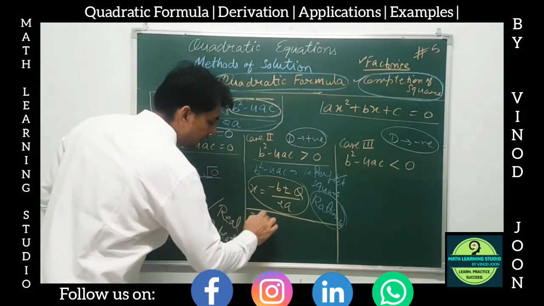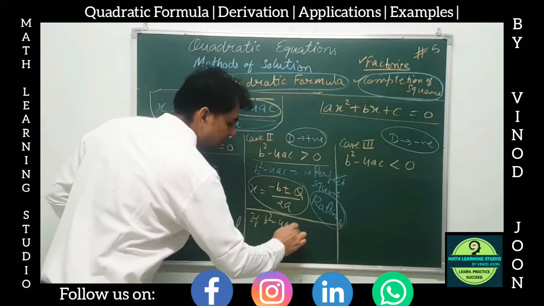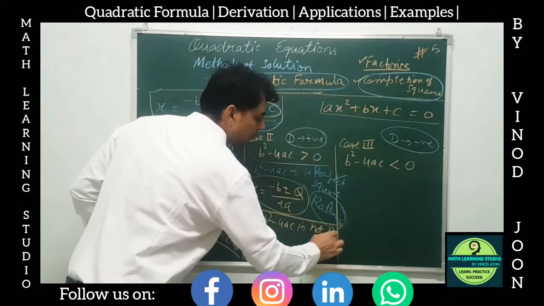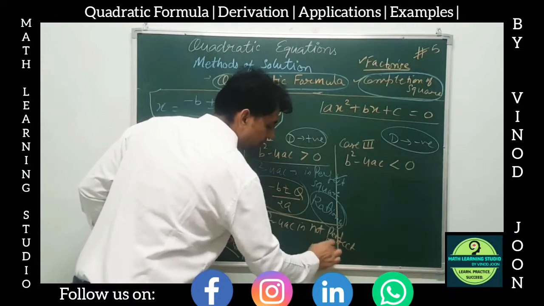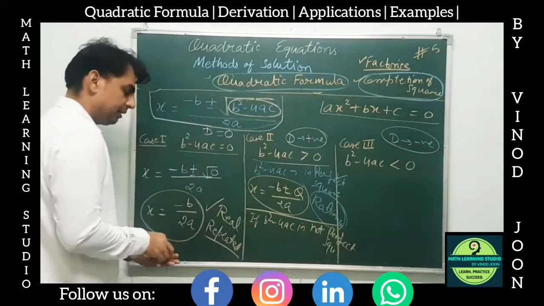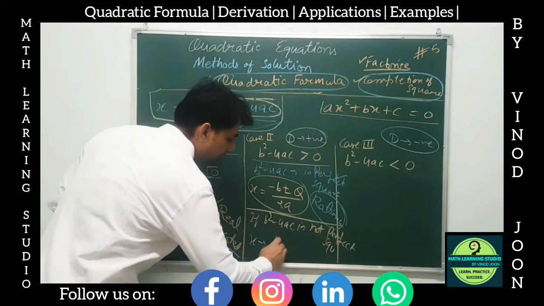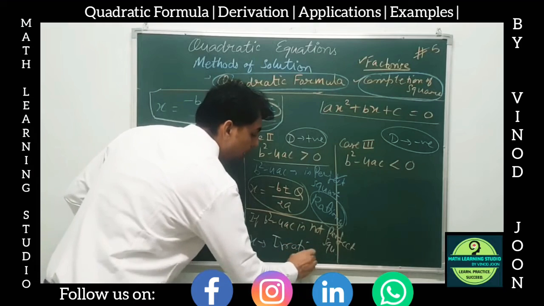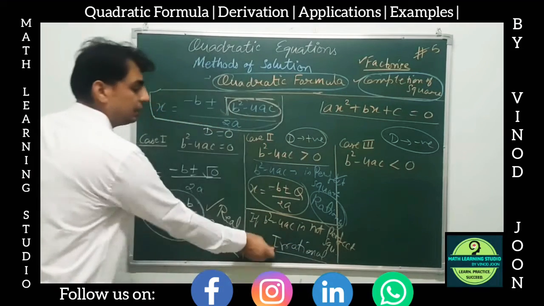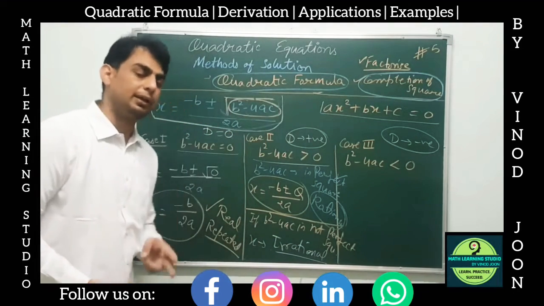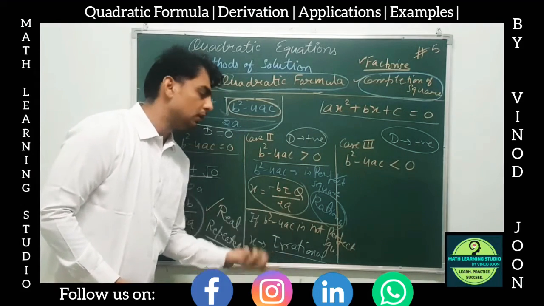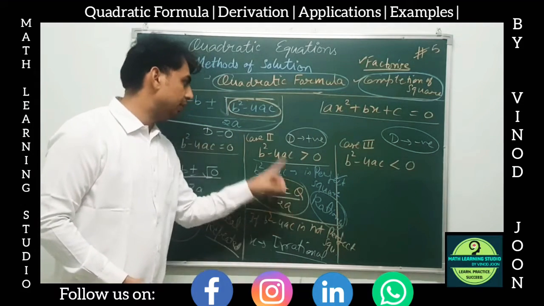So if b square minus 4ac is not a perfect square, then the values of x, I'll write simply, will be irrational numbers. But in both of these conditions, we will get two different values, because one time will be plus Q and then minus Q, means whatever the value you will get from there.